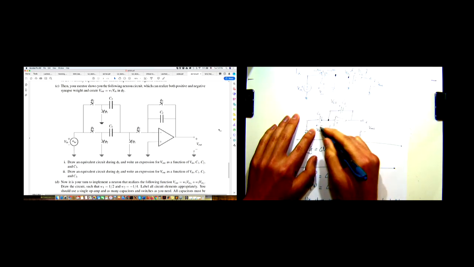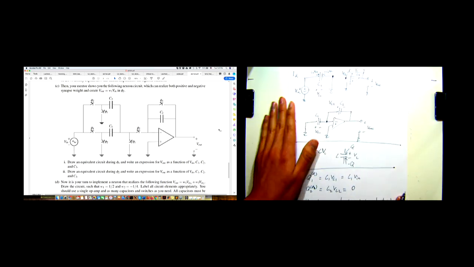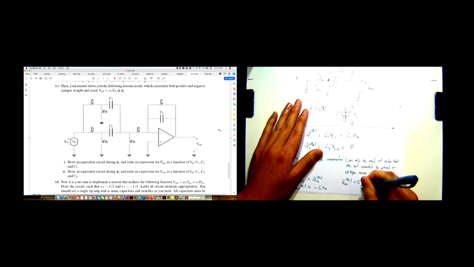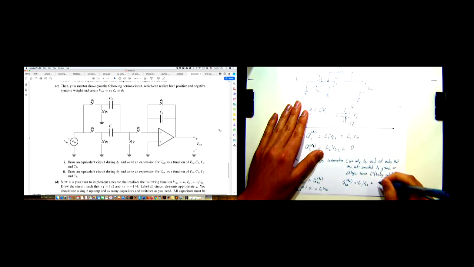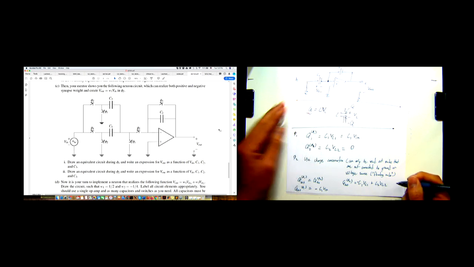We're looking at the negative plate because I defined VC1 to be plus minus. So the charge here is negative C1 VC1 plus C2 VC2.